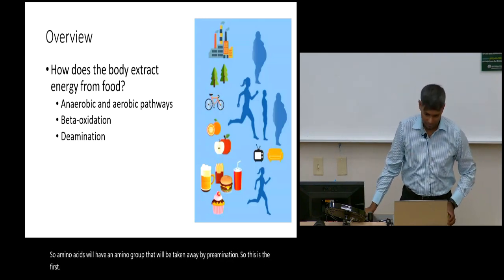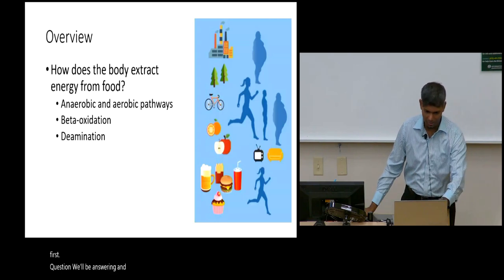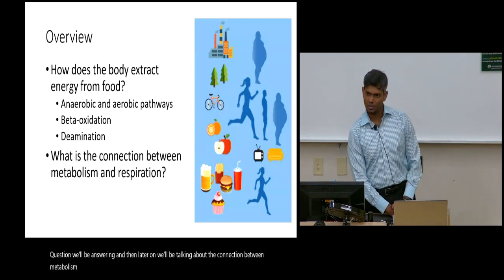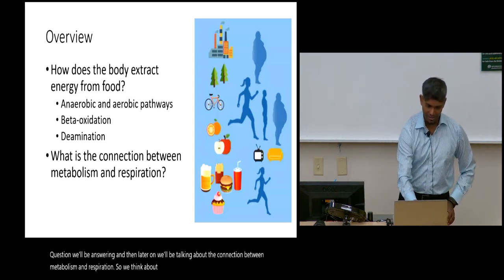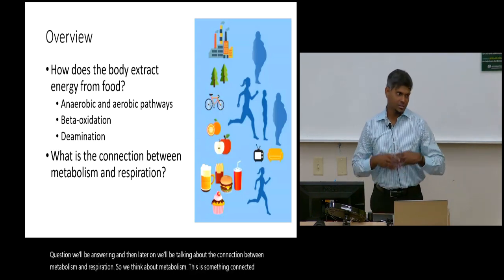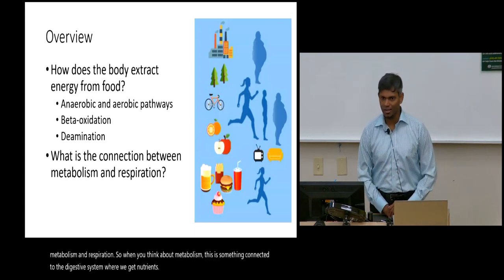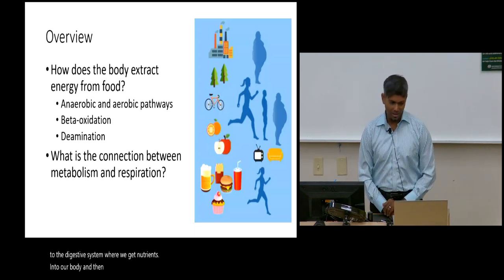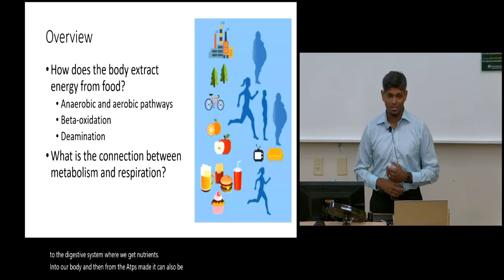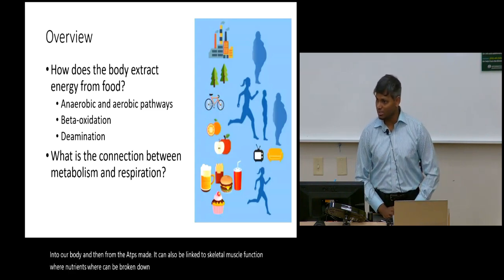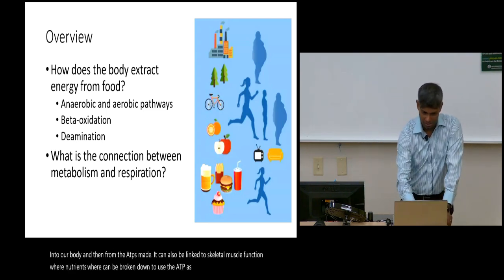question we'll be answering. And then later on we'll be talking about the connection between metabolism and respiration. So when you think about metabolism, this is something connected to the digestive system, where we get nutrients into our body, and then from there ATP is made. It can also be linked to skeletal muscle function, where nutrients can be broken down to make and to use ATP as well.